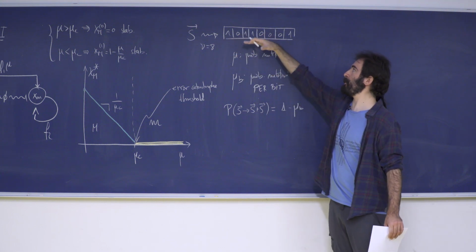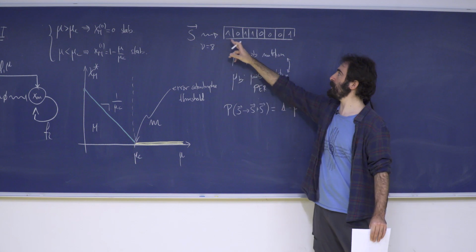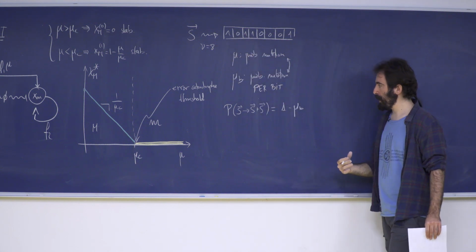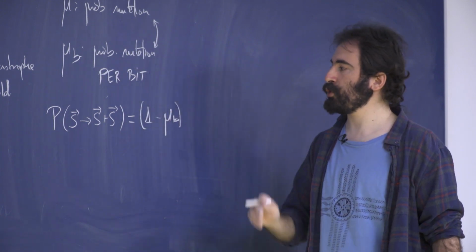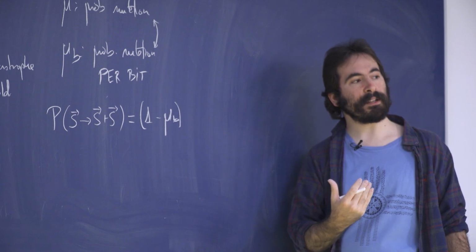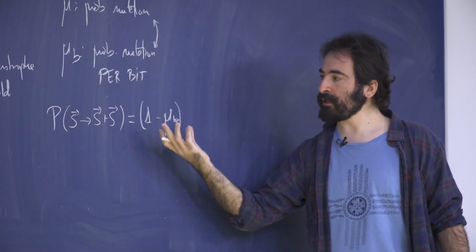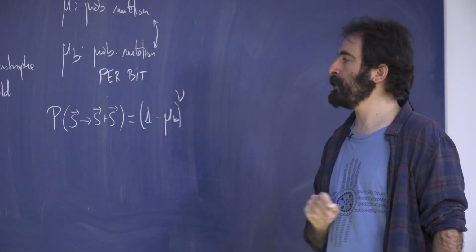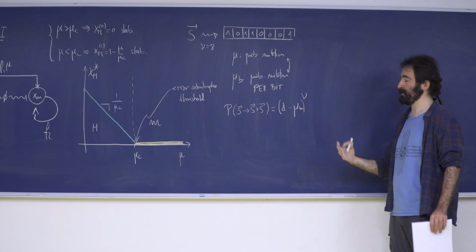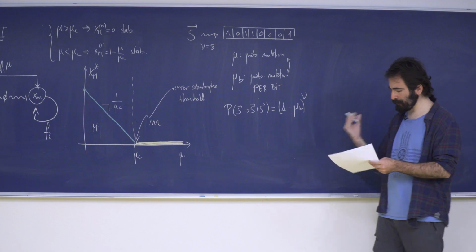So basically, when this is replicating, the first bit of the replicated sequence should be 1. The next one should be 0. The next one should be 1, and so on and so forth. Therefore, each of those bits should not make a mistake. Because mu sub b is the probability of making a mistake per single bit, then we have to multiply this probability a total number of times, in this case 8 times, but in general it would be nu times, right? Remember, this is the length of this bit string.